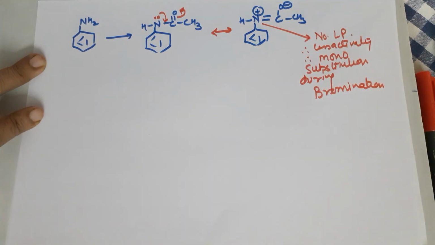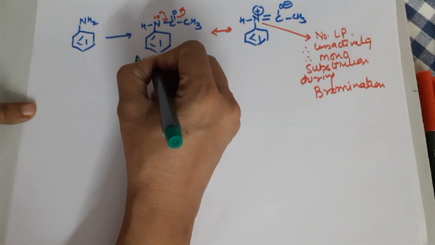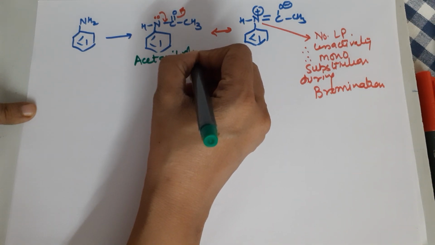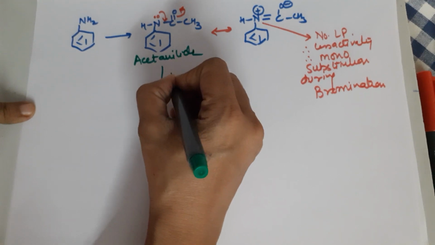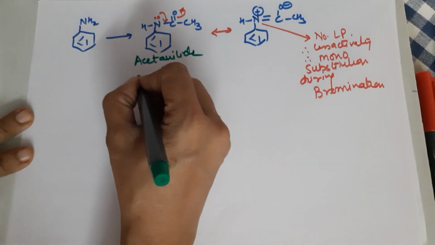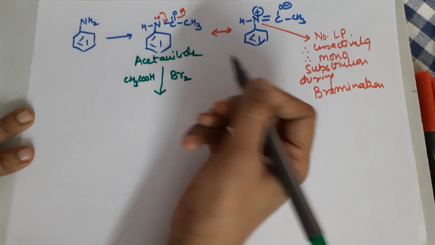What does this mean? Once this acetanilide is formed, in this acetanilide you now perform bromination. When you perform bromination here, you can add a little bit of acid. Acid helps the reaction to be a little faster. It's a polar medium.